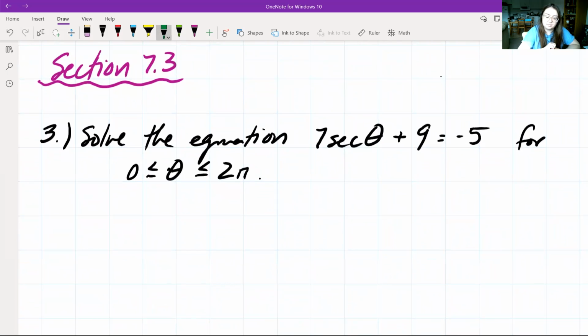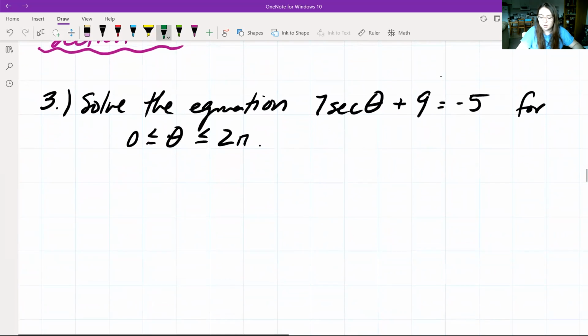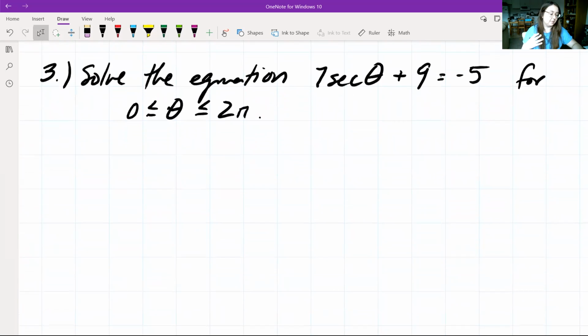All right. So for our third problem from section 7.3, we want to solve the equation 7 secant theta plus 9 is equal to negative 5 for theta between 0 and 2 pi. We're going to be solving it for theta, which we can see is bounded between 0 and 2 pi.